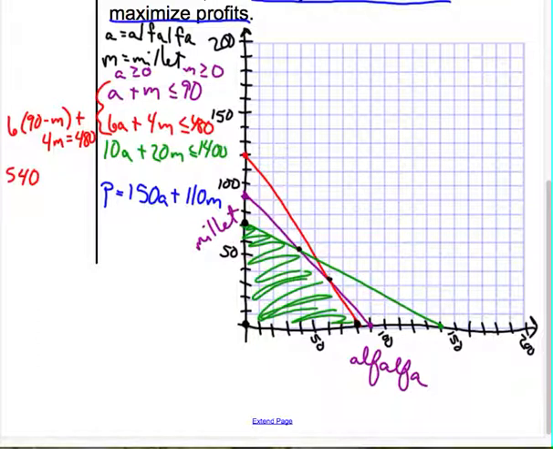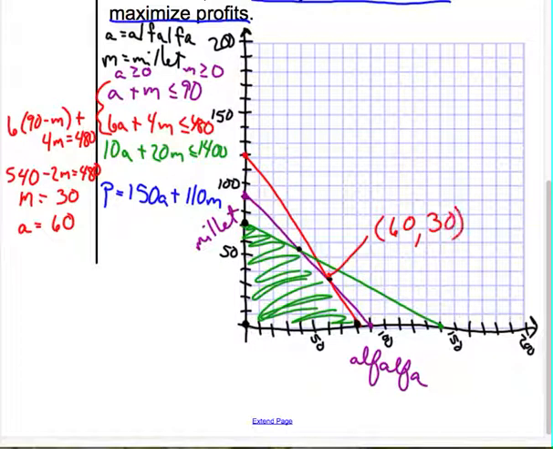Minus 6m plus 4m. So my m value would equal 30. So my alfalfa would be 60. So that is this point right here. Alfalfa was 60, millet was 30.